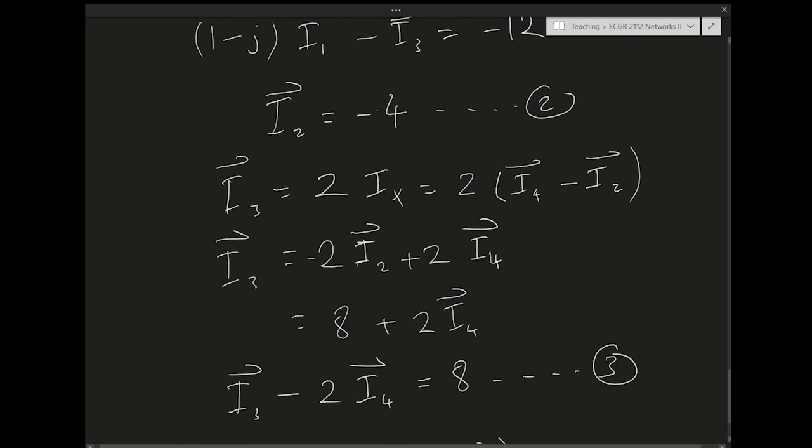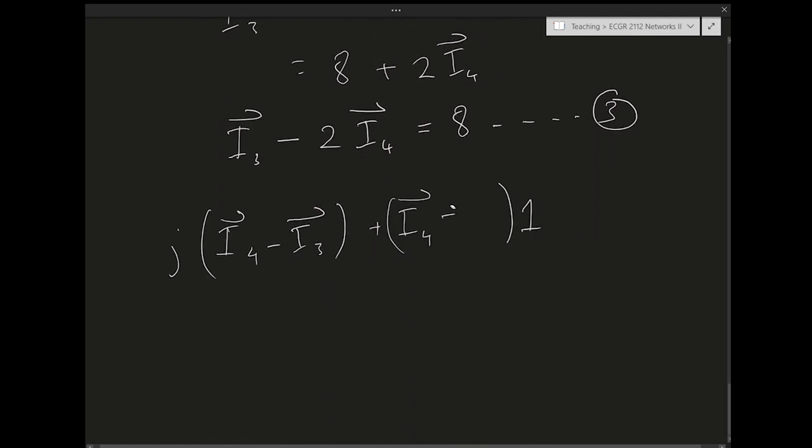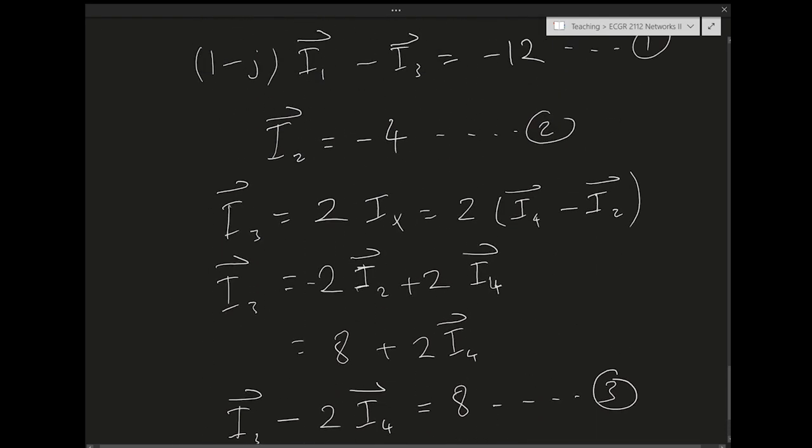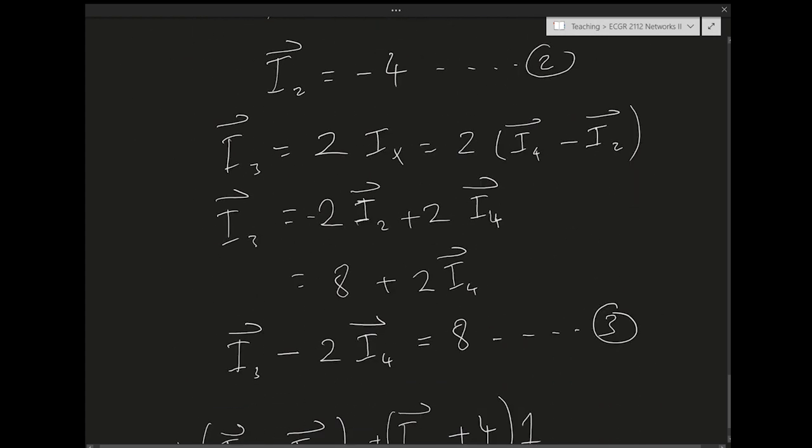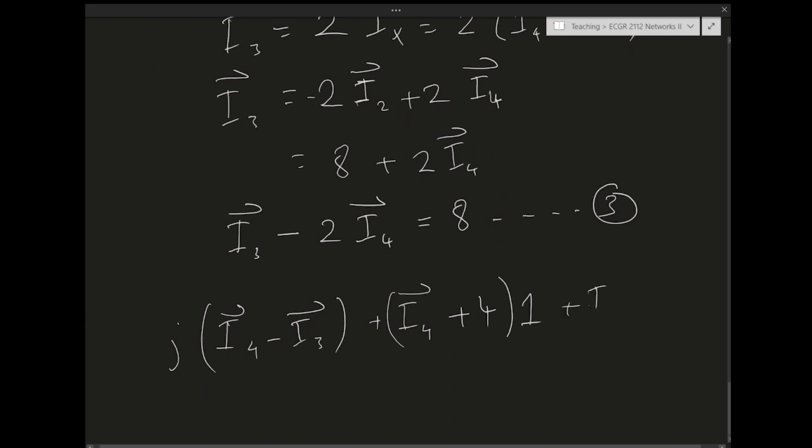But I said I2 is minus 4, so this is going to be plus 4. I'm just simplifying right away. And then finally, I4 1 ohm plus I4 1 ohm equals 0.